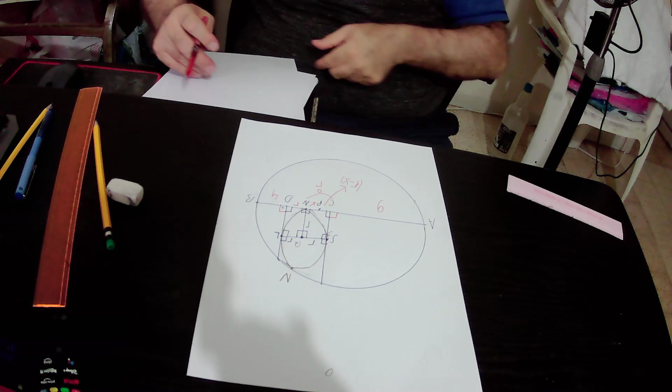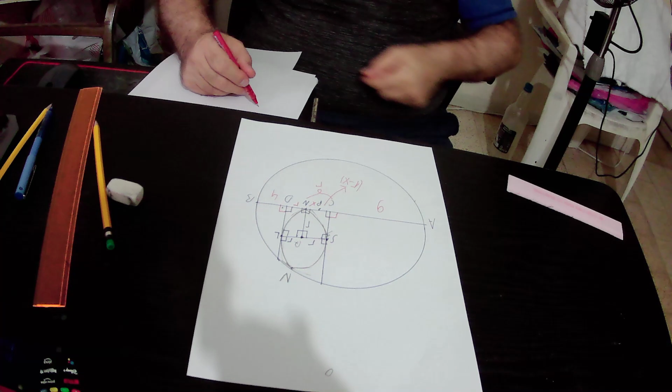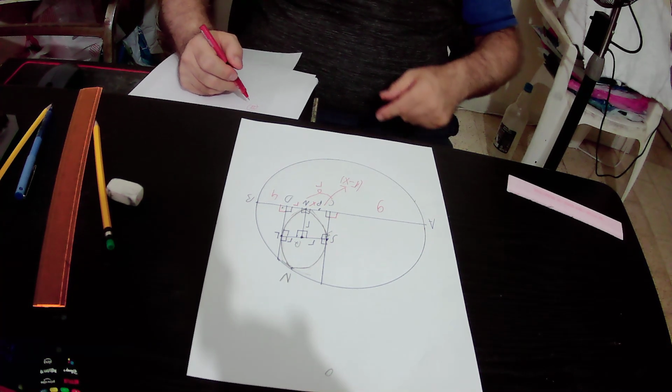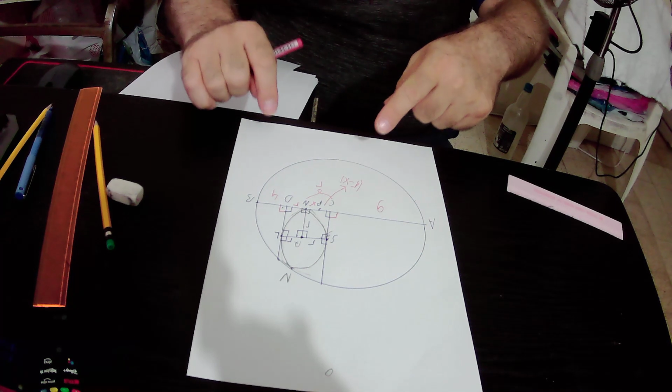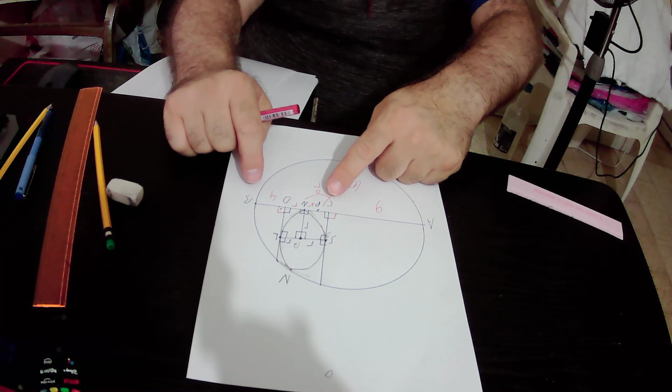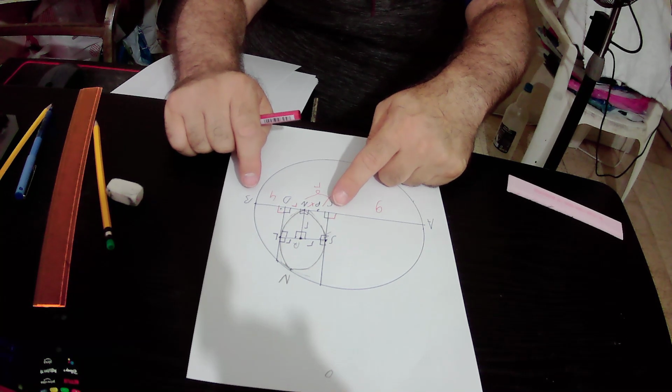In the next step, we will create equation number 2, that is actually the calculation of the radius of the big circle from the left side of the circle.